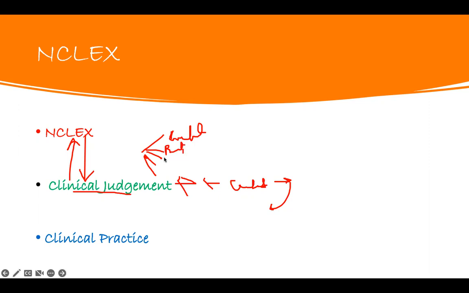And then there is a SATA question, which involves signs and symptoms, education, and knowledge-based intervention. There is an application-level question, and there is a critical-level question. The critical-level and application questions are what usually give you a passing-level question.